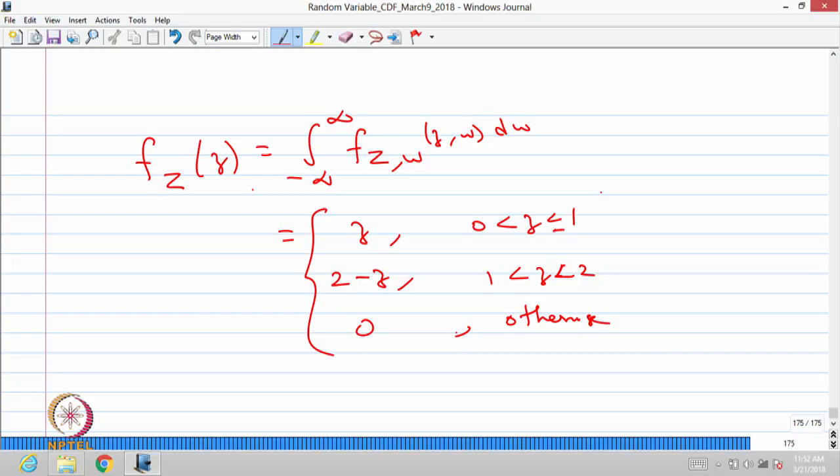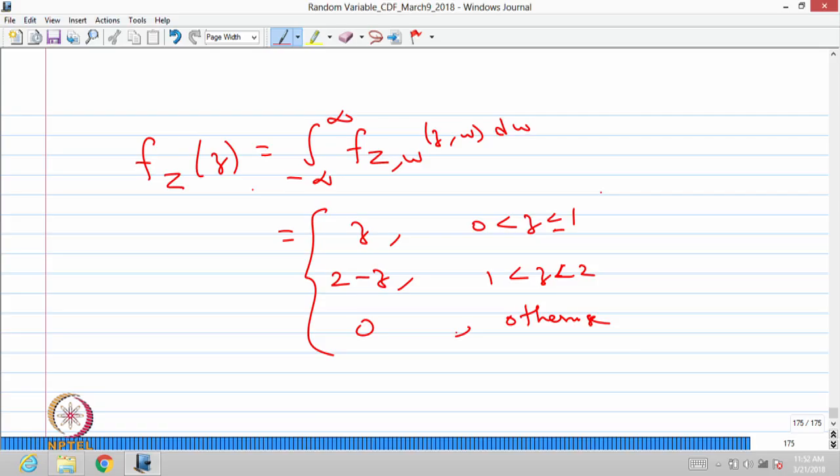So, this is going to be the probability density function of Z: between the interval 0 to 1 it is Z, and 1 to 2 it is 2 minus Z, otherwise it is 0.